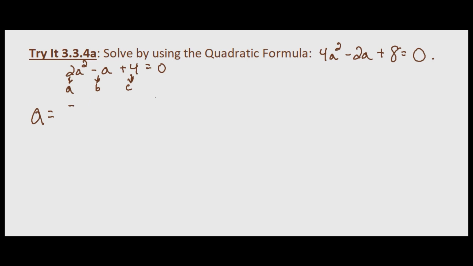So negative b is going to be negative -1, plus or minus the square root of b squared, so -1 squared, minus 4 times 2, the leading coefficient, times c, which in this case is 4, all divided by 2 times a, or in this case 2 times 2.